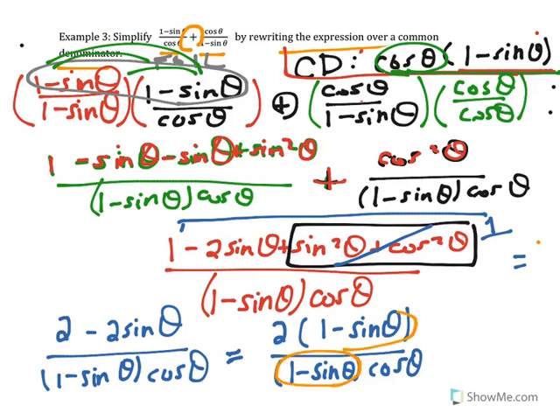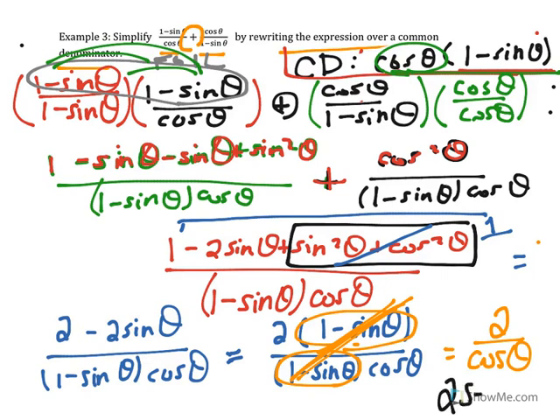We have a 1 minus sine theta on top and bottom. Cross them both out. And what am I left with? A 2 on top, a cosine on the bottom. Our very last step, I don't like cosine in the bottom, but I know if I move that cosine up top, it's going to become 2 secant of theta.